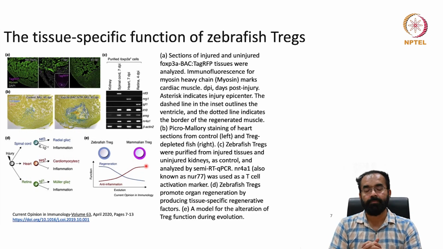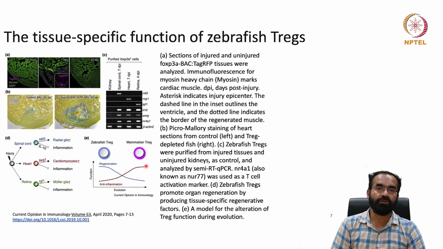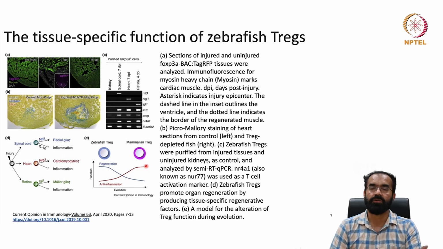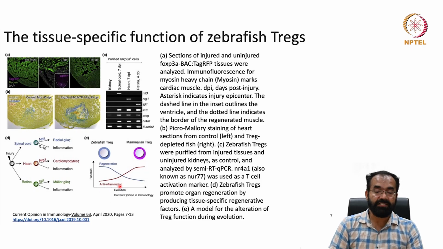So we can say mammalian Tregs are less regenerative in nature, whereas zebrafish Tregs are more regenerative, based on their paracrine signaling. And zebrafish Tregs are less anti-inflammatory in function, whereas mammalian Tregs are more anti-inflammatory in function. So we should understand that when it comes to evolution, the Tregs have evolved in opposite directions.